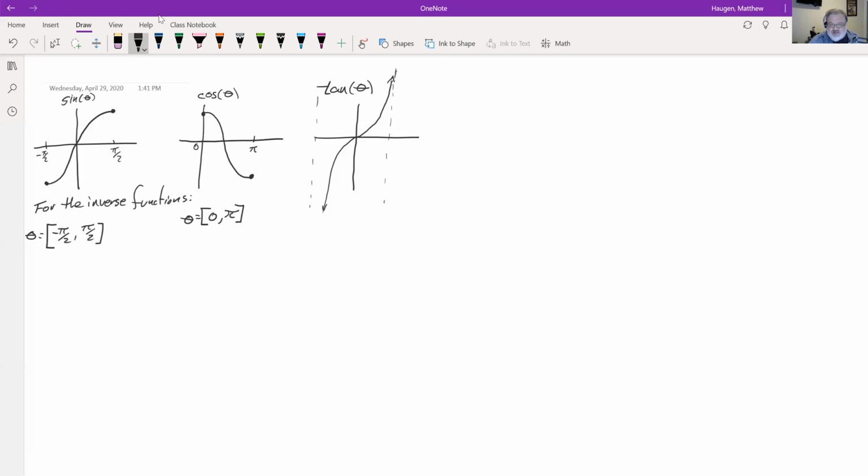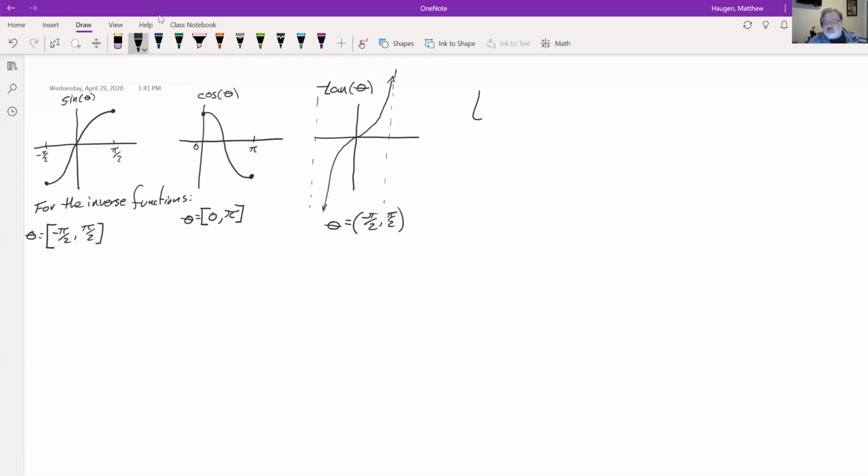And for tangent, it's almost, but not quite, the same as sine. For the tan inverse, we only consider angles from negative pi over 2 to pi over 2. But notice the parentheses, we don't include the pi over 2 or the negative pi over 2 because tangent isn't defined there. So slight difference in that restriction, but only slight.